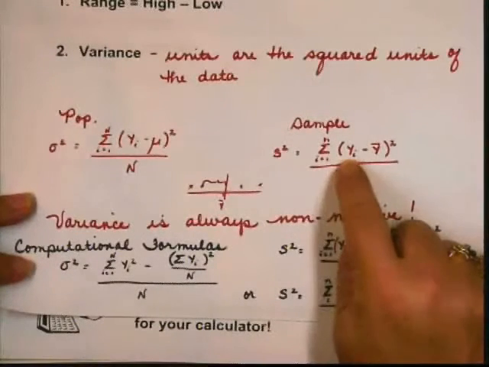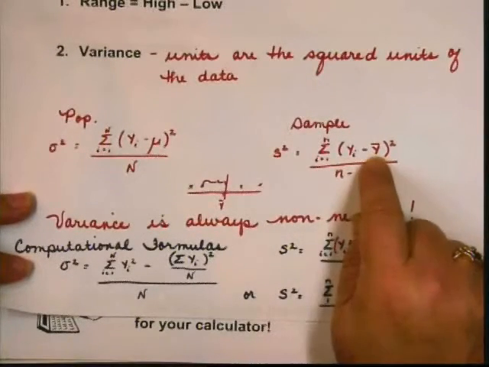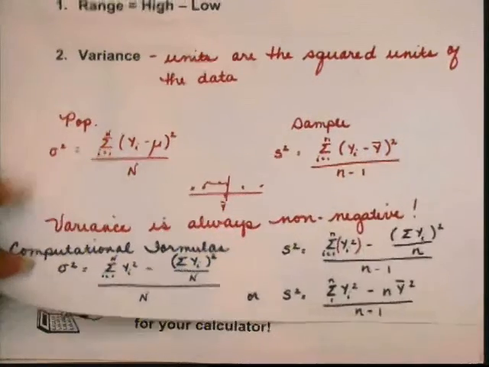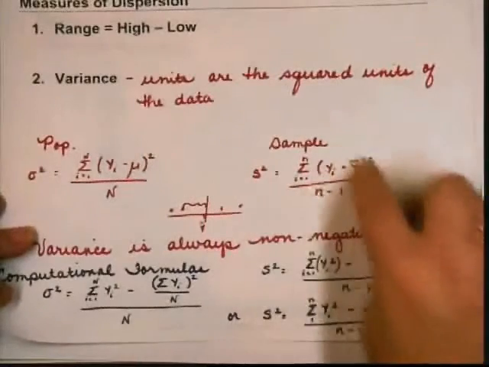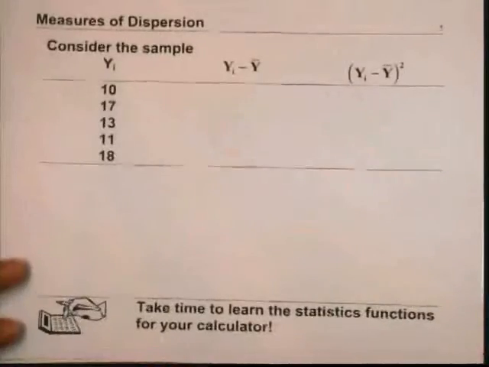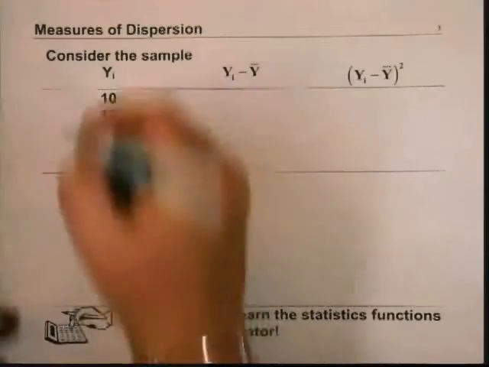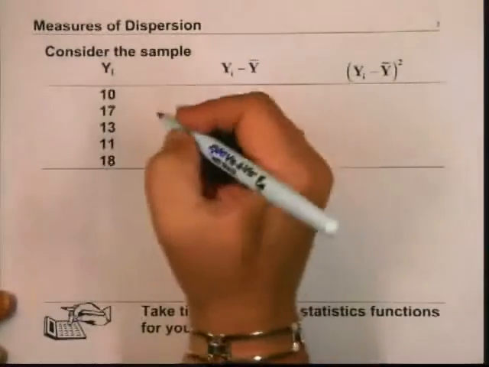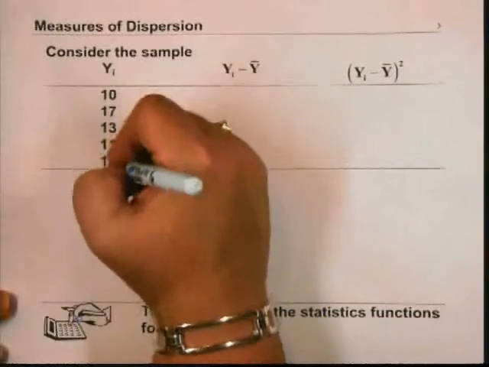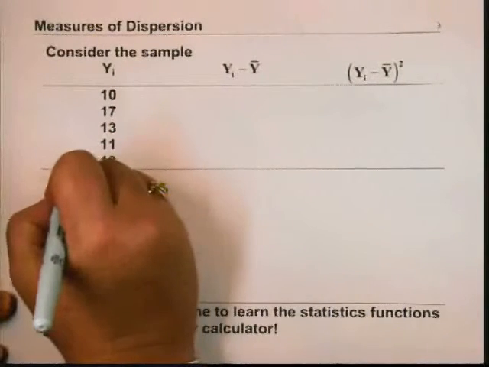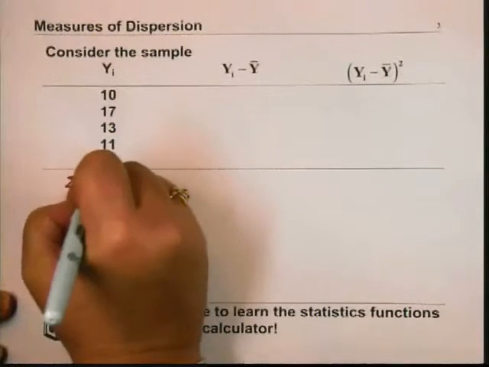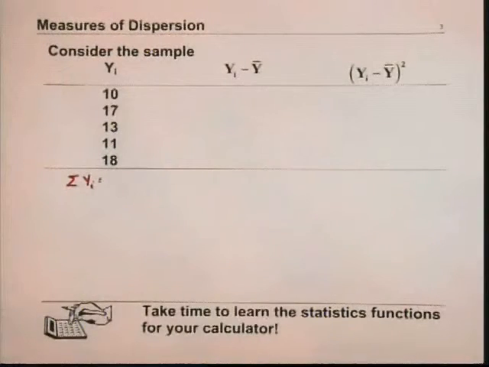Okay, I need to know the sample mean, and then the deviations, and then the squared deviations. So if you wanted to work through a formula like this for a reasonable sample size here of 5, you compute the sum of the yi's. If you have a calculator, you may want to get it out and check things.